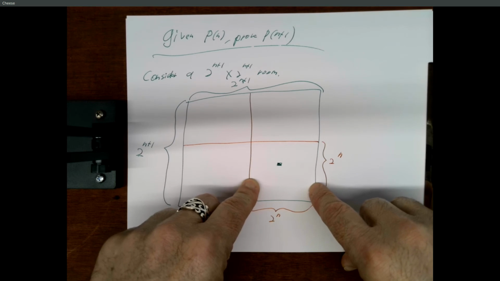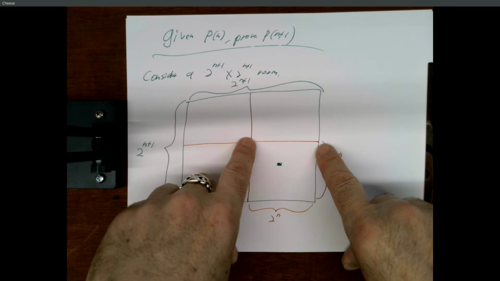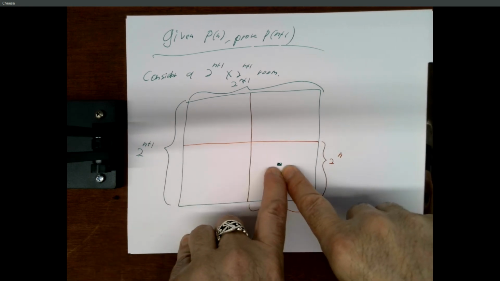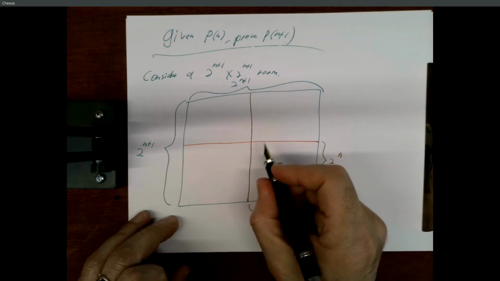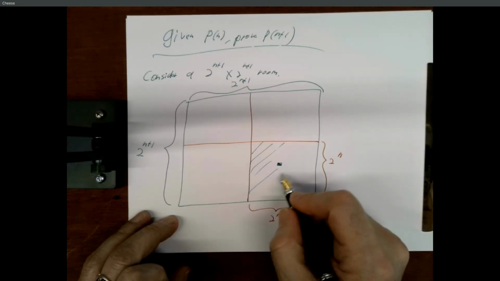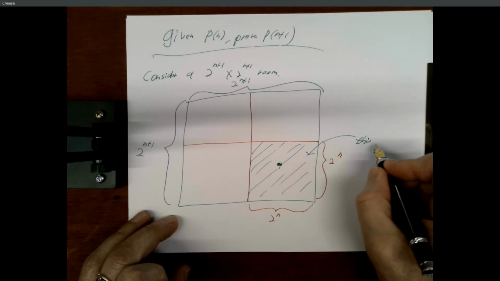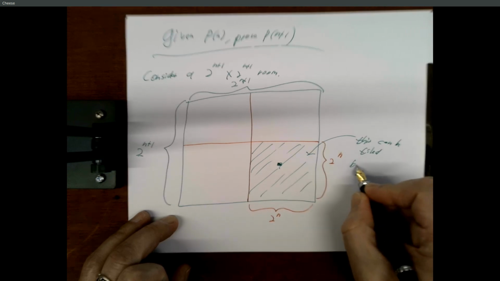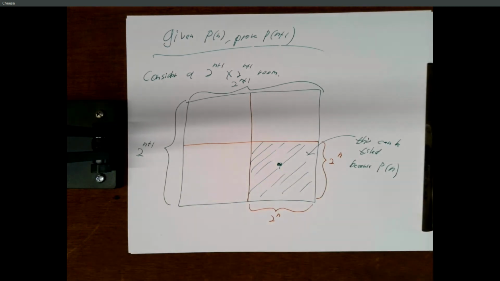We assume that, because we're given P of n, right? P of n says a 2 to the n by 2 to the n room with one missing tile can be covered. So because of P of n, this can be covered. That can be tiled because P of n is true.